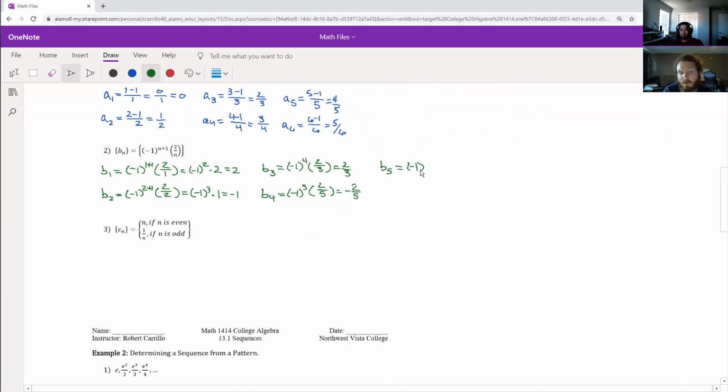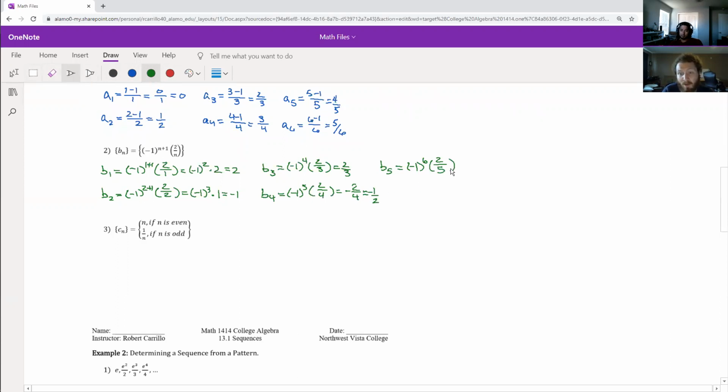B sub 5, it's doing the first 6 terms, okay. Negative 1 to the 5 plus 1 power is 6 times 2 divided by, that's supposed to be a 5. I messed up back there on that other one, huh? It's supposed to be a 4. Okay. So this is negative 1/2.